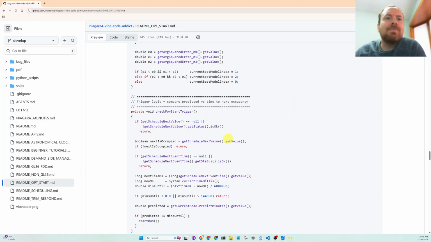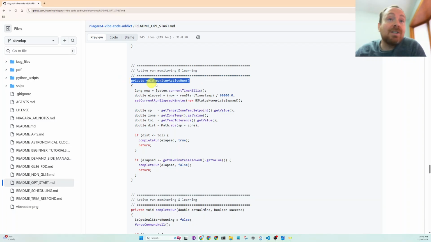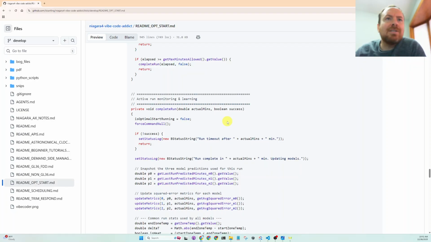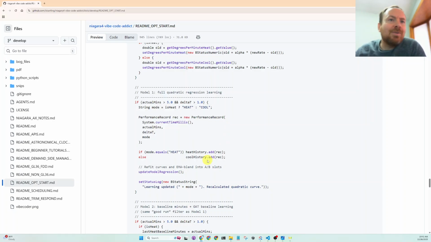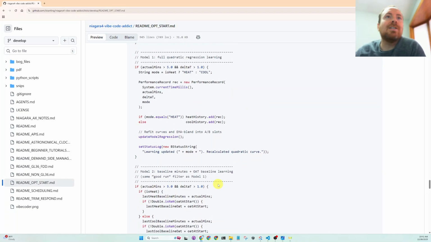It's kind of fun. This is like computer science patterns for monitoring active run, which we talked about, and how we calculate some of our metrics. It's very important. So yeah, it's full of quadratic regression that's happening under the hood.